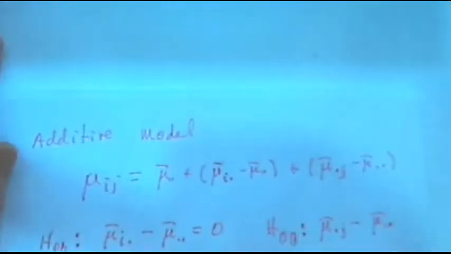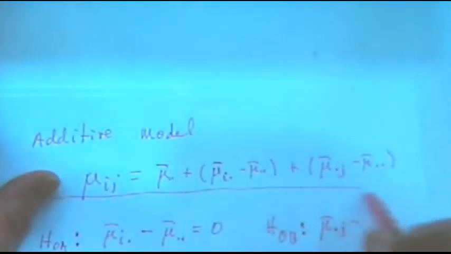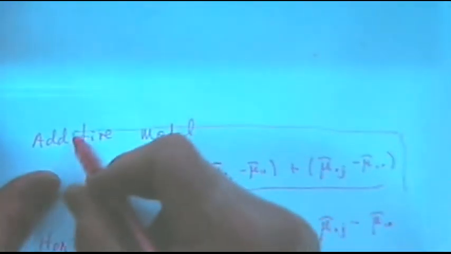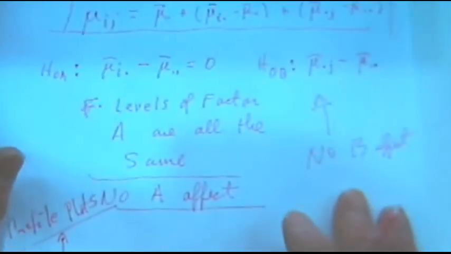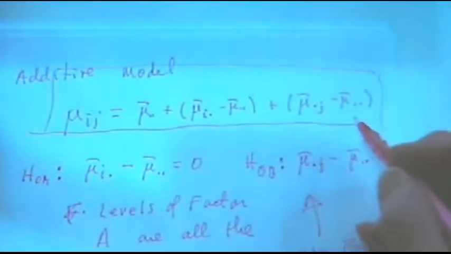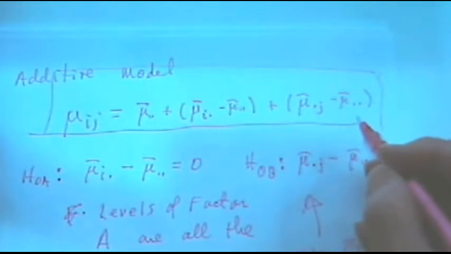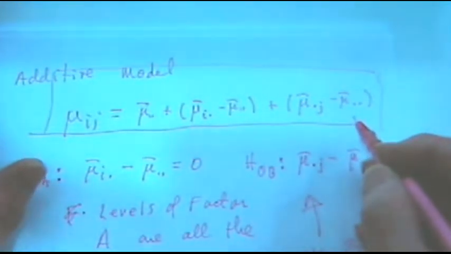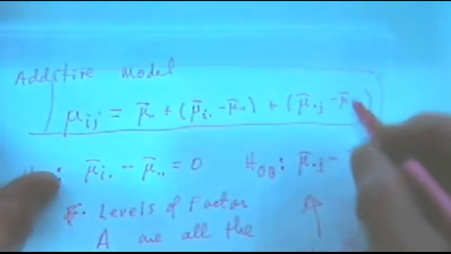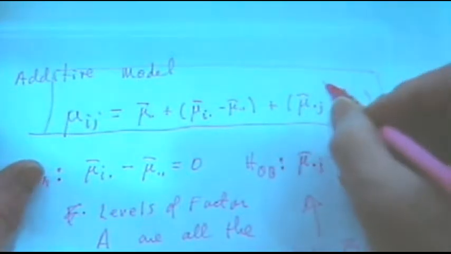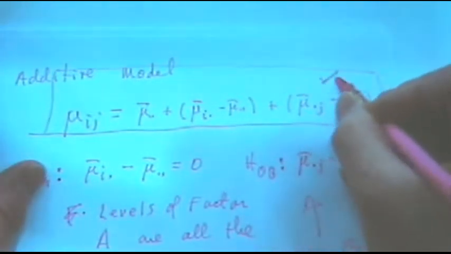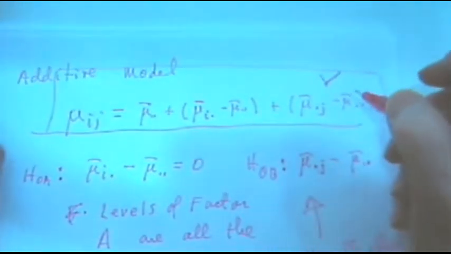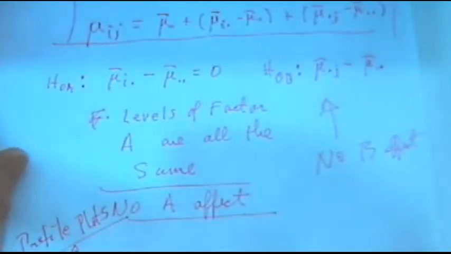Okay, and suppose you have this additive model. And then from j equal 1 to j equal 2, you have the same increment no matter what i is. Well, what that translates down to is you end up with a parallel profile.